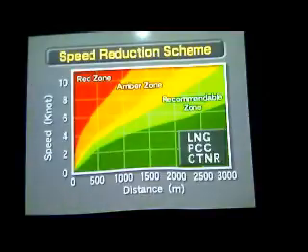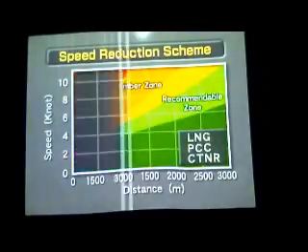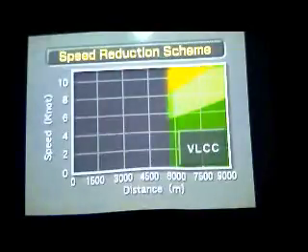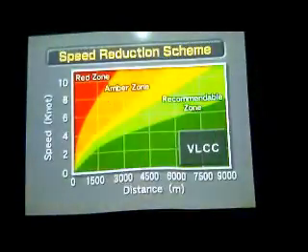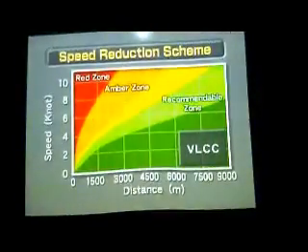On the assumption that the ship can employ braking power through the use of dead slow astern engine, guidelines for speed reduction schemes for LNG carriers, PCCs and container ships are shown in this graph. This is a guideline for a speed reduction scheme for VLCCs.